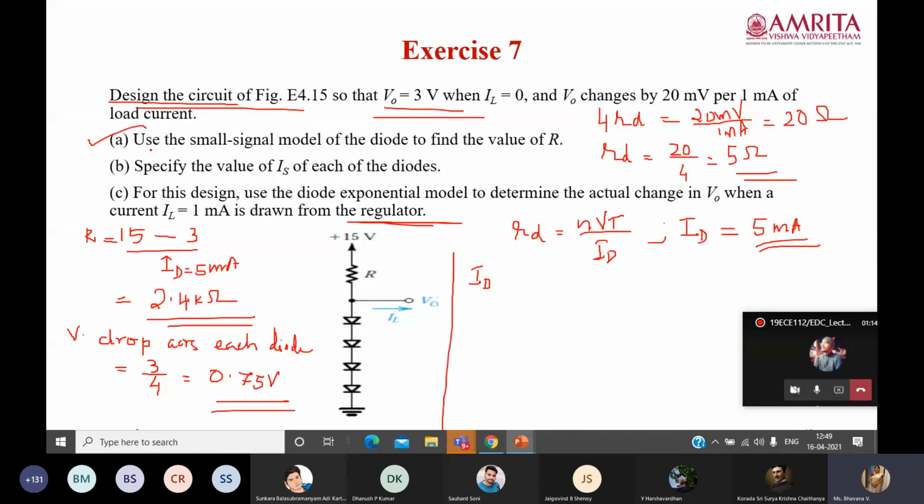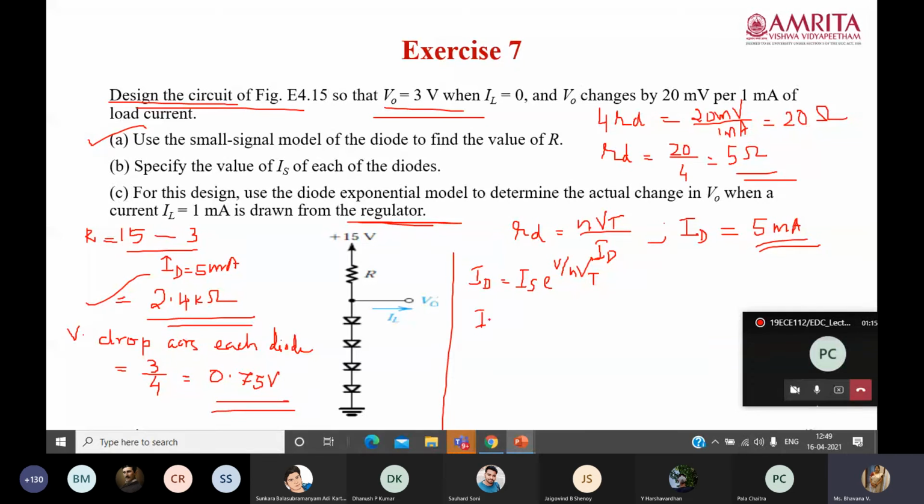Use a small signal model of the diode to find the value of R. We have done it. Now second, specify the value of IS of each of the diodes. Which model do you have to use in order to find IS? Exponential model. ID is equal to IS e power V by NVT.